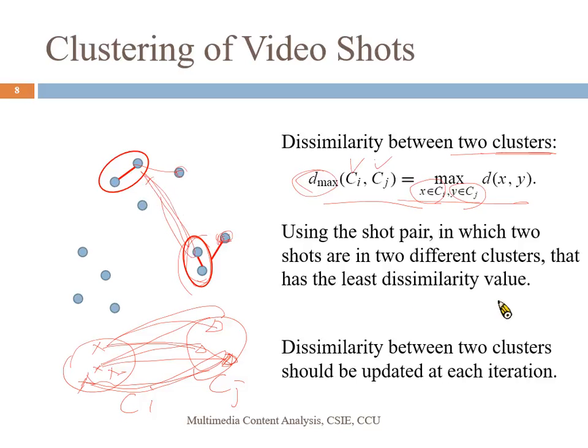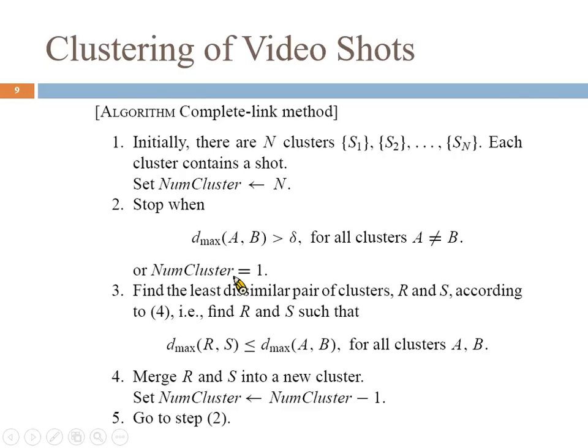Using the shot pair in which two shots are in two different clusters, they have the least dissimilarity value. Okay, and dissimilarity between two clusters should be updated at each iteration. So we can now cluster these three video shots together, and so on.